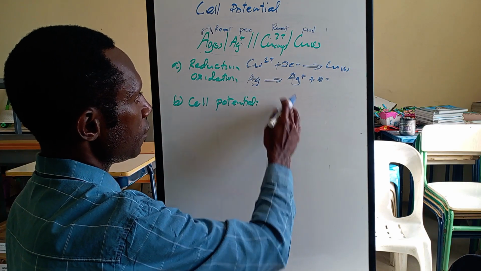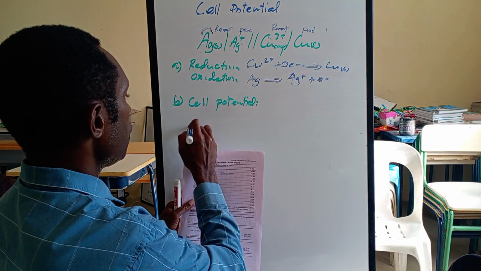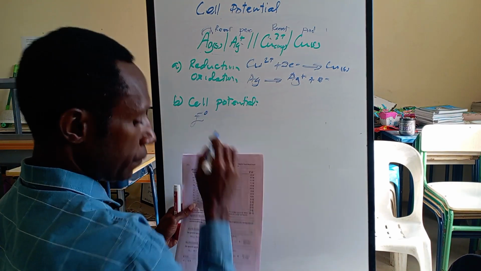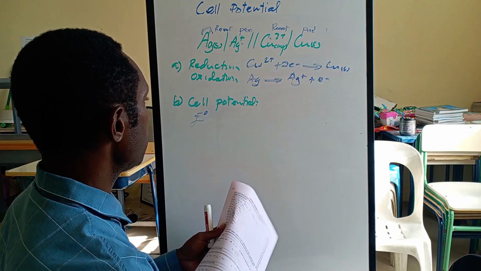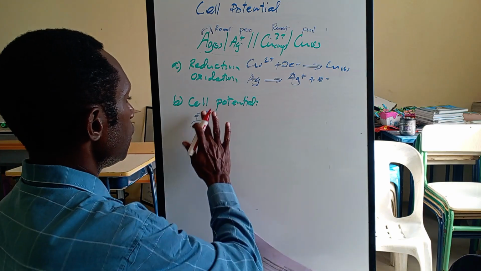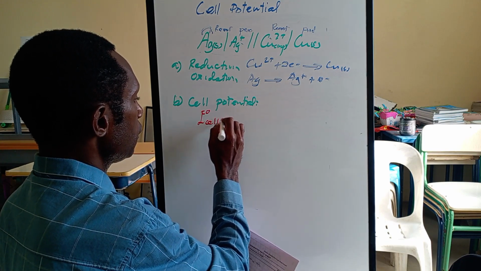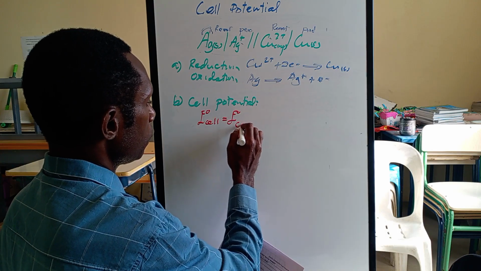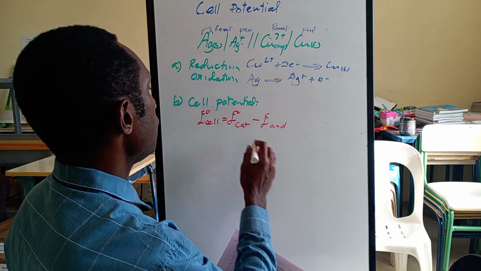Now the cell potential again. You already have written this. Look at this, and then E0 cell is equal to E cathode minus E anode.